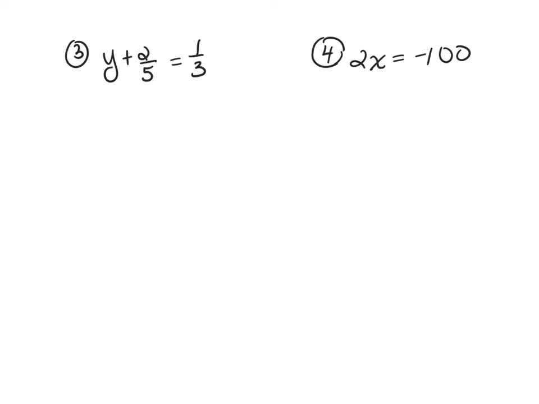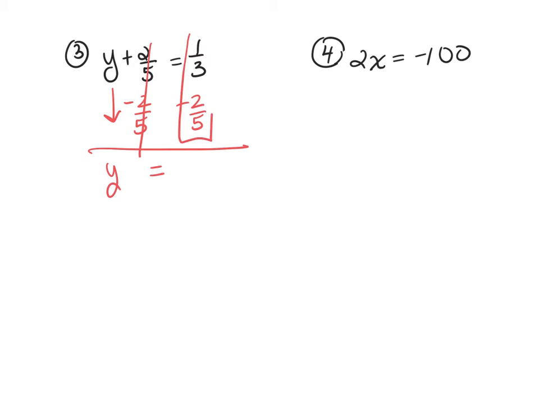Okay, fractions. No big difference, right? So we're going to subtract 2/5 from both sides. Bring down the y. This goes to 0. Equals. Now I want to combine these, but as we've seen, they have to have like denominators, and they don't. So the common denominator, 3 times 5, is 15. So I'm going to multiply this fraction by 5 over 5, and this fraction by 3 over 3.